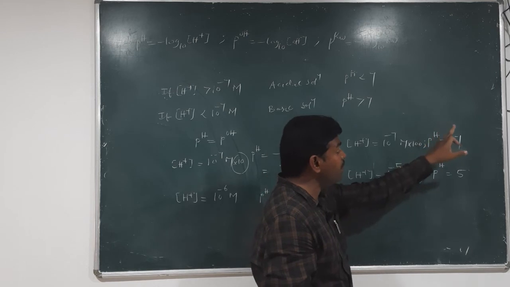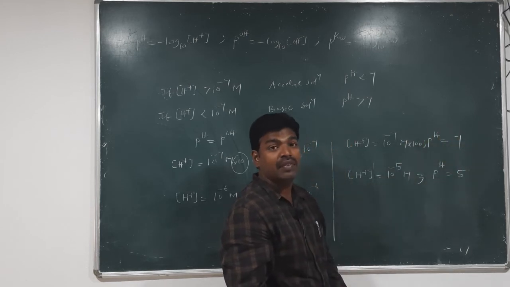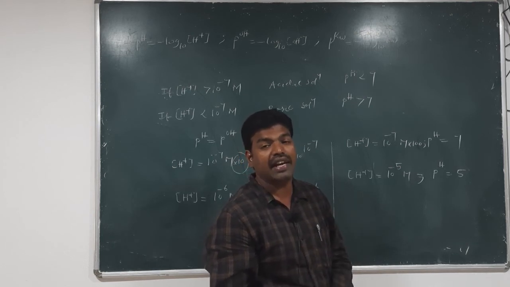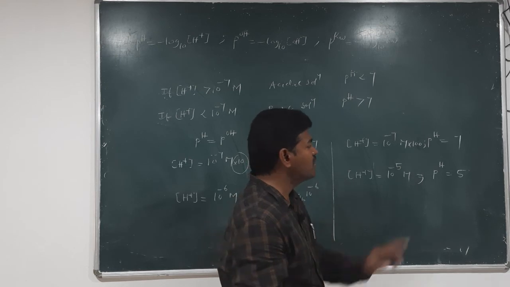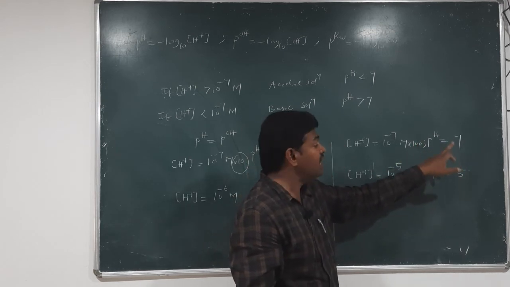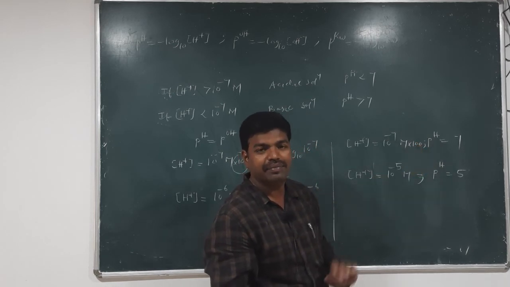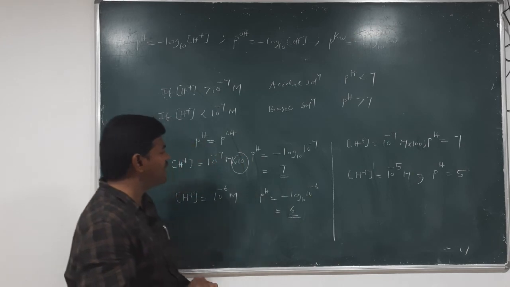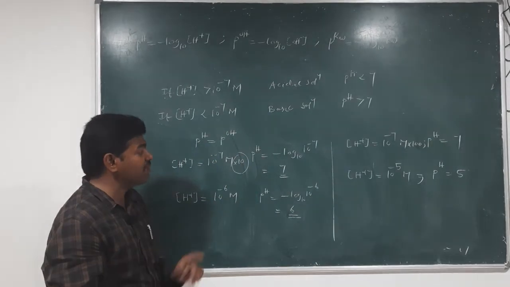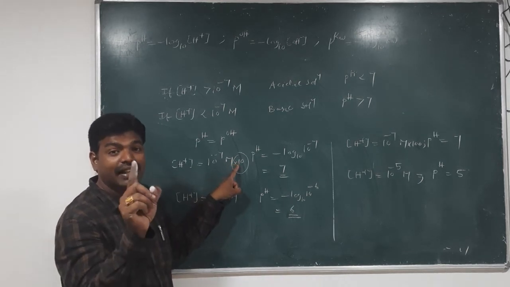So a change in pH by 2 units means the concentration of H plus ions changes 100-fold, 100 times. A change in pH by 1 unit means the concentration of H plus ions changes by a factor of 10.